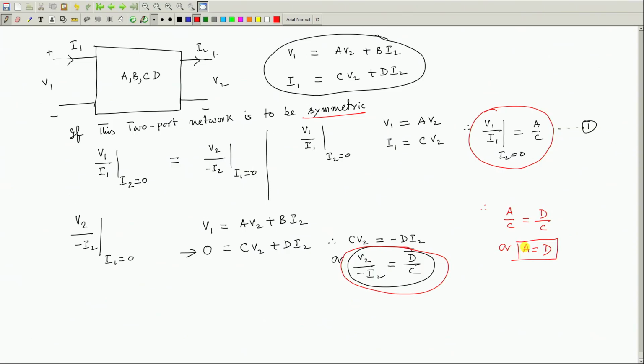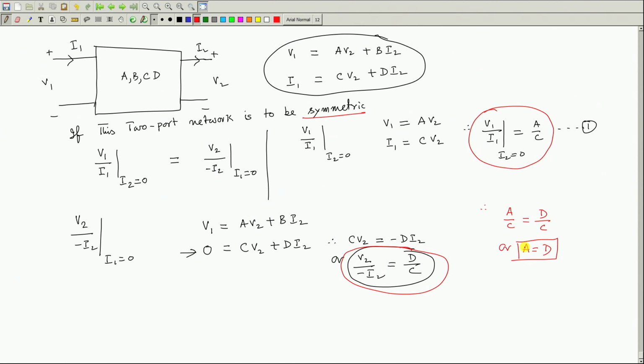So, this is about the symmetry. In the same way, we have found out the conditions for a network to be reciprocal. Like that, several conditions we have found out.